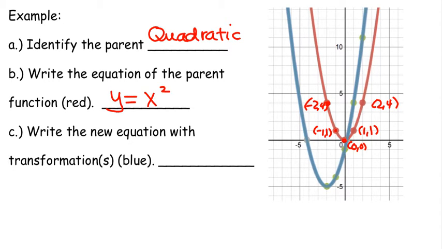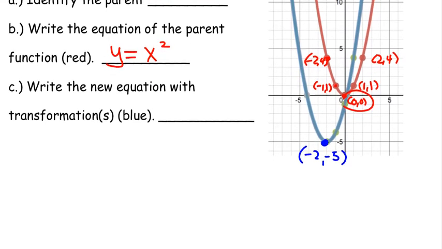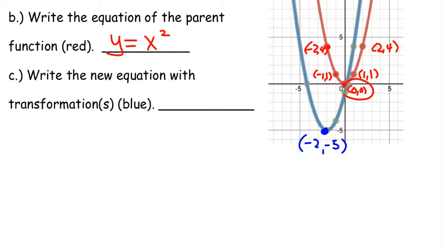Y equals x squared. Now we need to figure out what our transformation is. So from our critical point, you'll notice your new critical point, your vertex, is down here at the ordered pair negative 2, negative 5. So it's shifting left 2 and down 5.